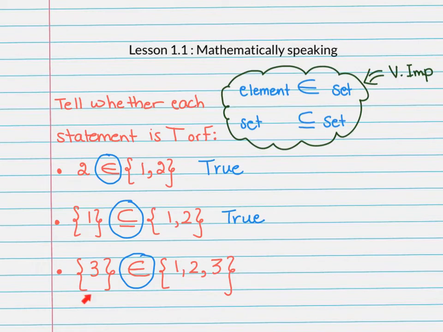But here I have a set because I can see the two curly brackets. So this symbol here, belong, cannot be used with two sets. So this statement here is false. I should use, instead of belong, I should replace it with the symbol subset.